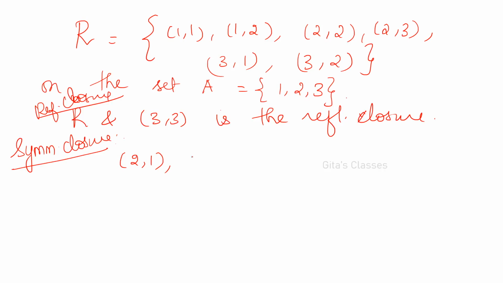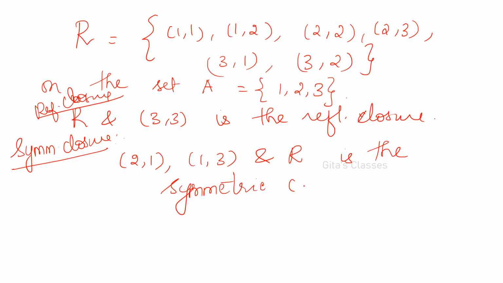But (3,1) is there and (1,3) is missing. So you have to add a minimum of (2,1) and (1,3), and with R it is called the symmetric closure of R. Any relation which contains R and these two elements will form the symmetric closure of R.